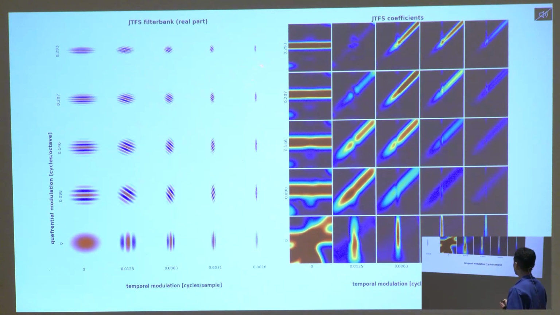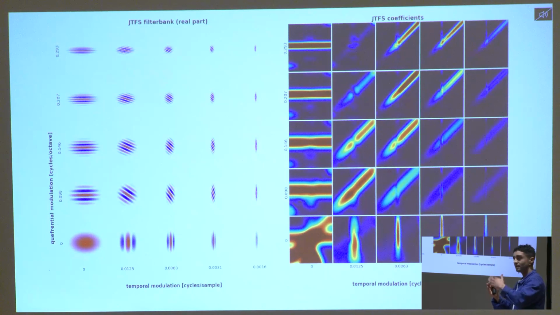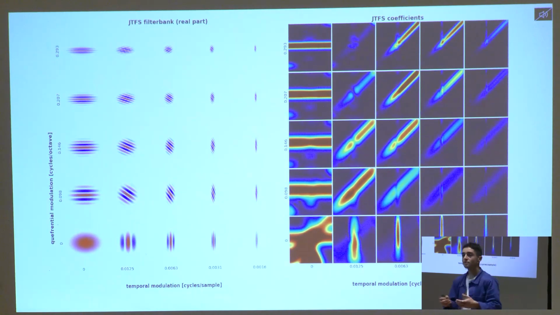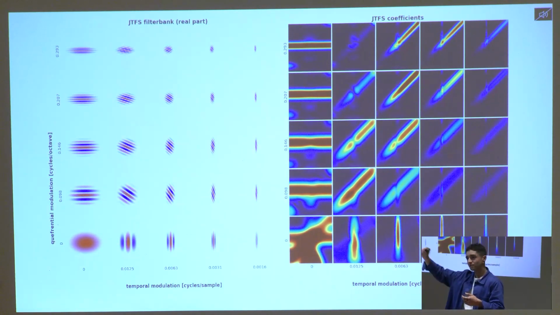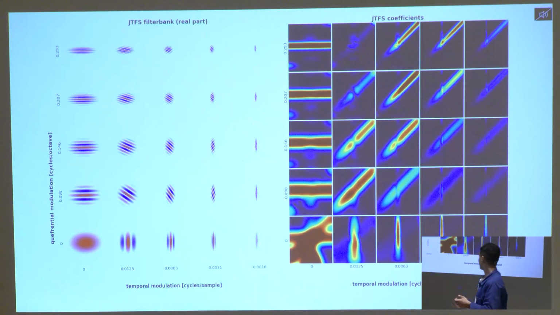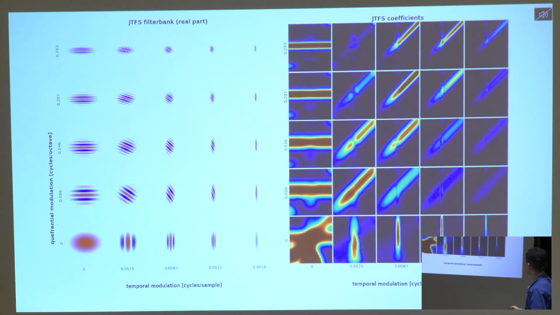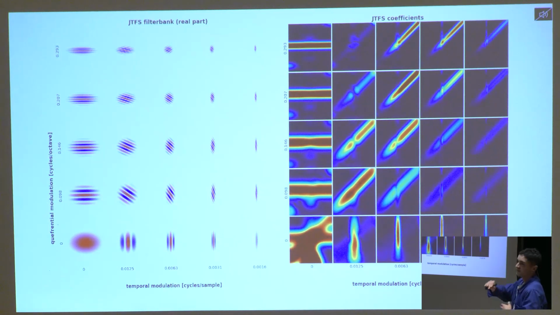And along this axis, we can capture joint spectral and temporal modulations. So we can see the chirp is captured by these spinned and joint spectrotemporal modulations, where we have both amplitude modulation and frequency modulation along time.